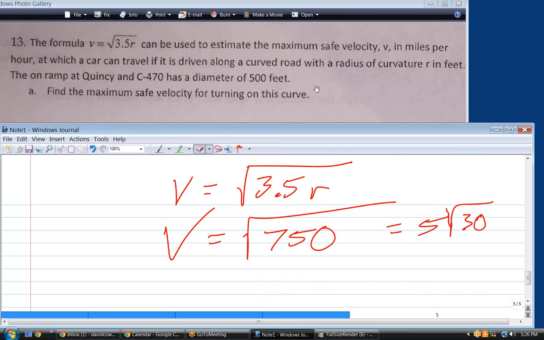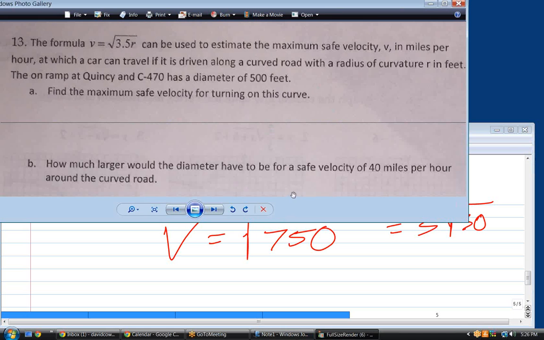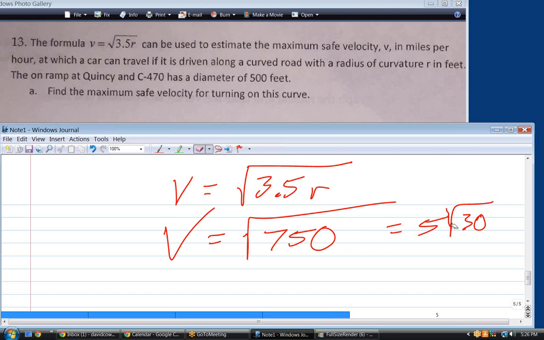Unless she specifically said convert it to a number and round to the nearest 10 miles an hour. If they don't say that, then don't ever turn that into a decimal. Not in college algebra, you don't. Okay?